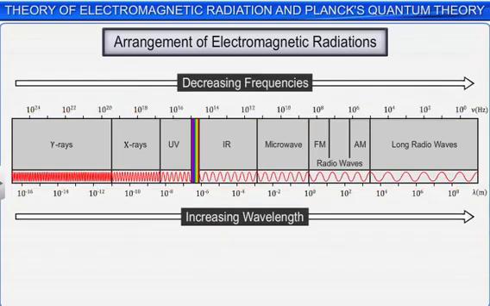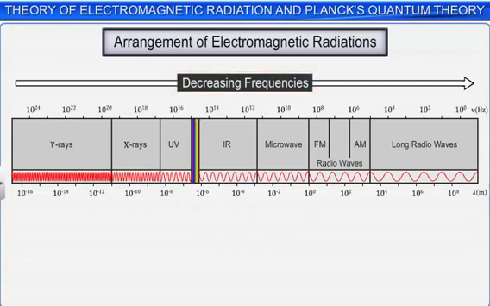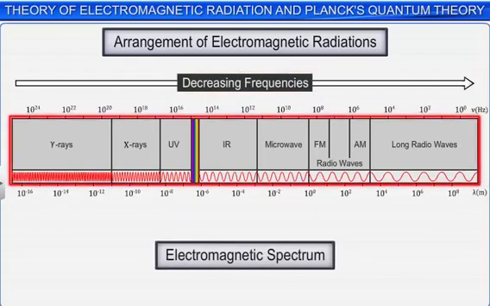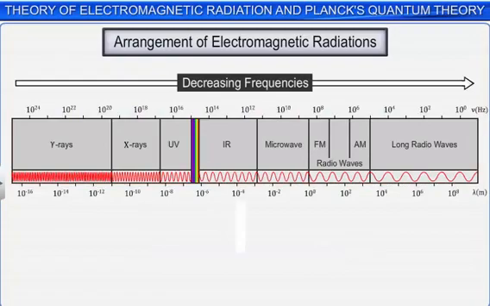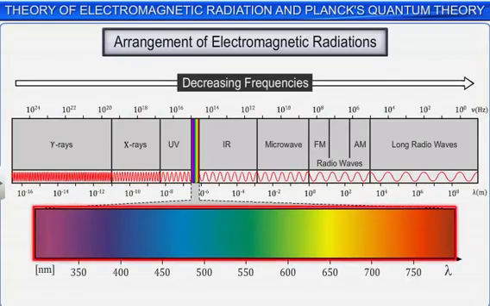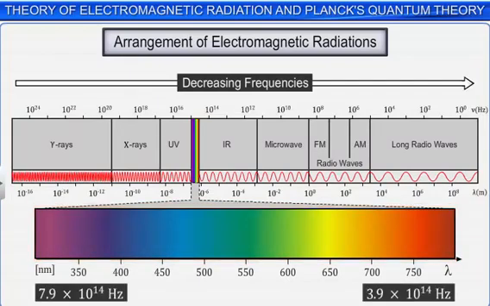When these electromagnetic waves of different wavelengths are arranged in the order of increasing wavelength or decreasing frequencies, it is called the electromagnetic spectrum. Of these, the radiations that are visible to the naked eye constitute the visible spectrum. The frequency range of the visible rays is 3.9 × 10 to the power 14 to 7.9 × 10 to the power 14 Hz.